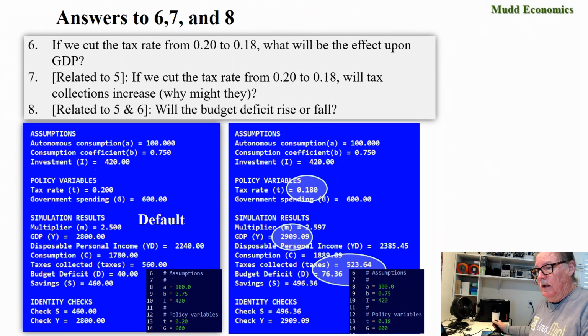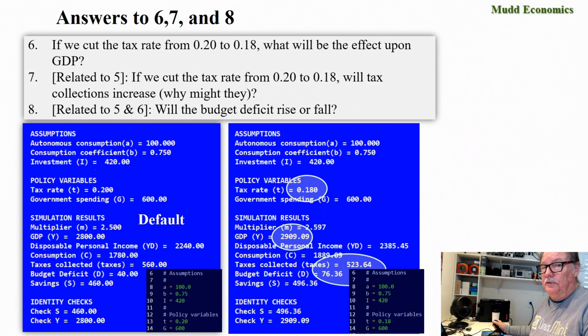And in fact, we have tax collections of 523.64, so we have lost taxes, however, despite the fact that disposable income is up, despite the fact that consumption is way up, the cost of the tax cut is still pretty sizable, and taxes collected are 523 as opposed to originally 560, and so this causes the budget deficit to soar from 40 to 76.36.